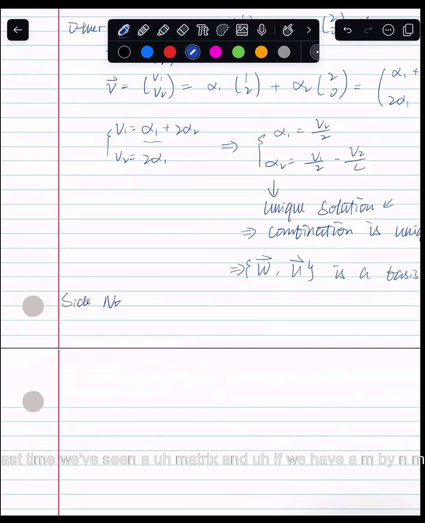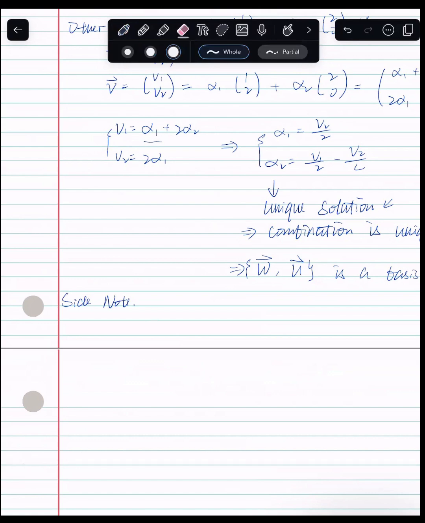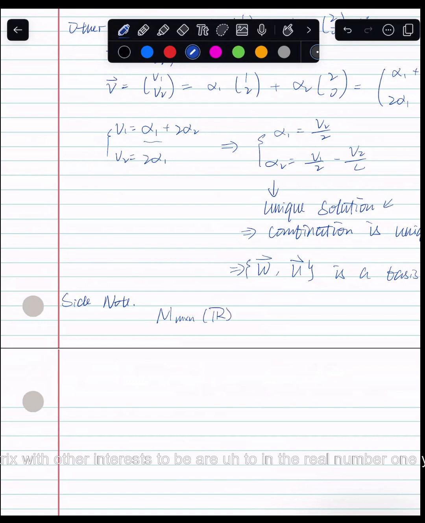Last time we saw, if we have an m by n matrix with all the entries in R, in the set of real numbers.